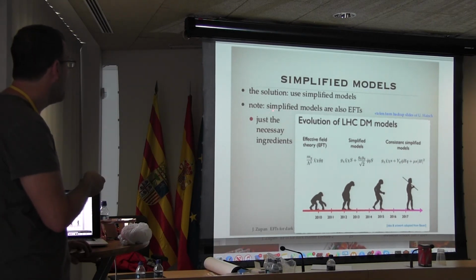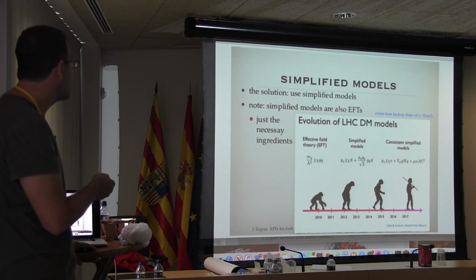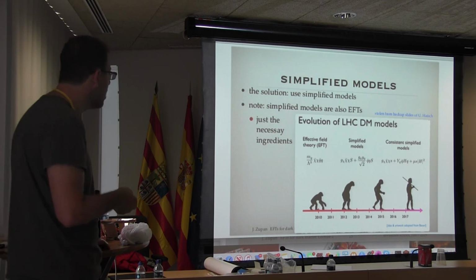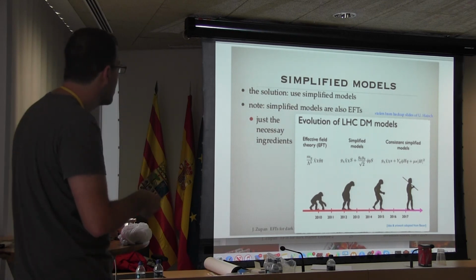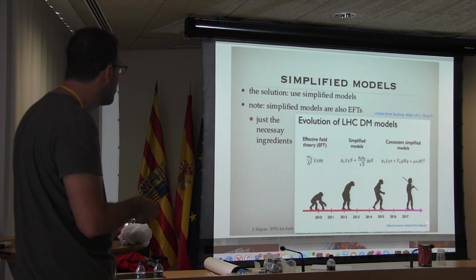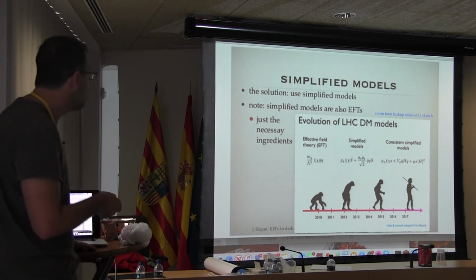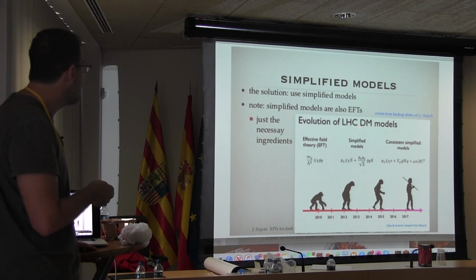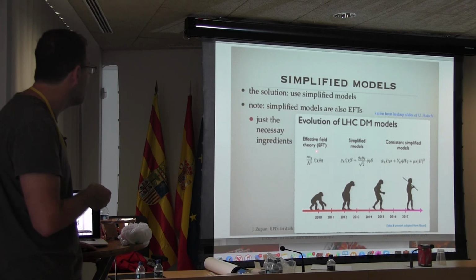So in our philosophy, the simplified models are also EFTs. So you just keep the necessary ingredients. So this is a stolen slide from Uli Haisch that he stole from Martin Bauer. So it's a doubly stolen picture, but I think it's awesome. So in the early 2010s, you would describe the LHC results with an EFT.